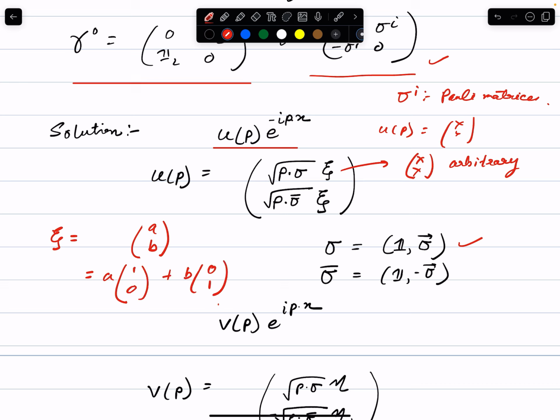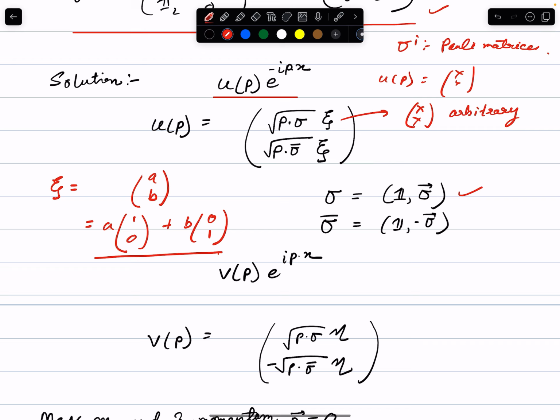1). Okay, and so this is where spin comes from, and this is why electrons have spin. You can see, just like a spin system, this is a two component object. Spin systems are described by two component objects, right? And we know that, for example, if I am considering spin plus minus z direction, those spin state vectors are given by the eigenstates of the sigma 3 Pauli matrix.